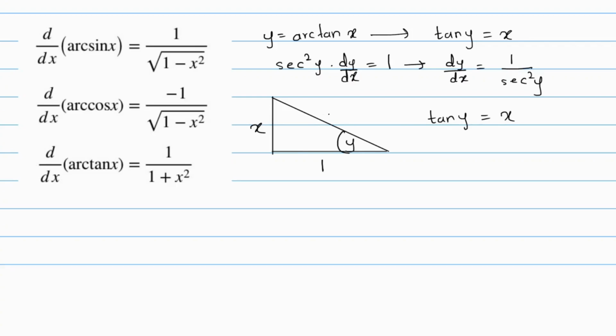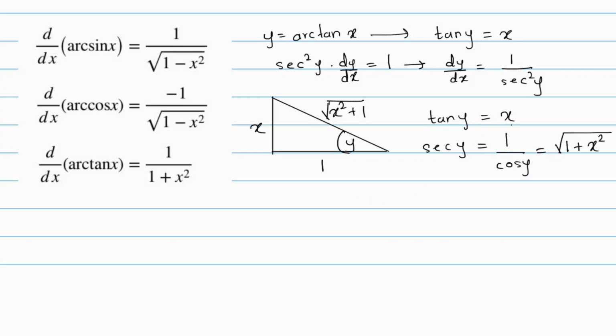That means that the hypotenuse is the square root of x squared plus 1. So sec y is equal to 1 over cos y, and cos y is equal to 1 over the square root of x squared plus 1. So therefore sec squared y is equal to 1 plus x squared.